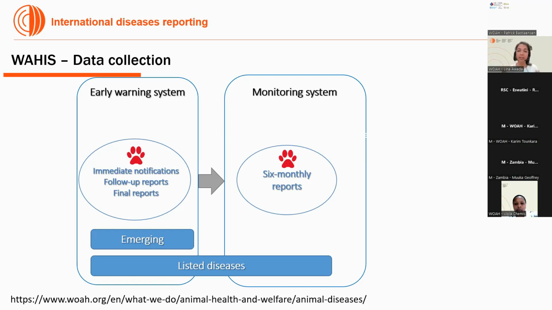And then if there is any type of surveillance and control implemented in the country. And for diseases that are present, we also ask to provide a summary of the number of outbreaks, cases, etc., for the semester. And with these two channels on listed diseases and emerging diseases, we can have a global picture of the global animal health situation.